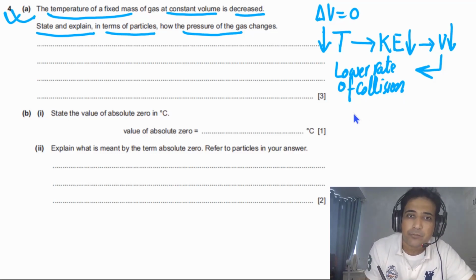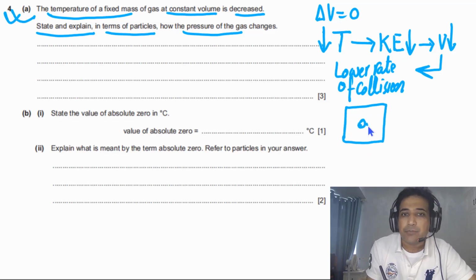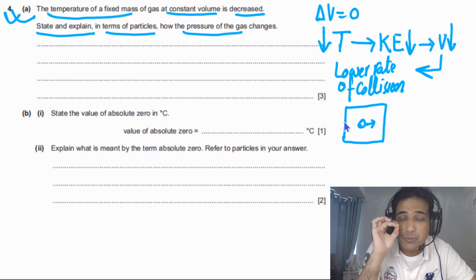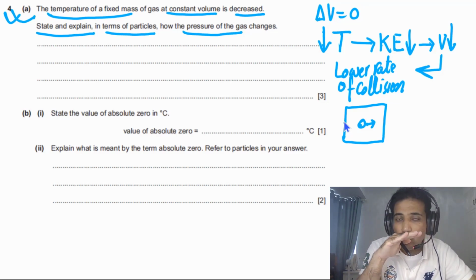Let me explain this with one simple example. Imagine that we have this container and one particle is at the center. This particle will move this side, it will collide with this wall, then it will go back and collide with the second wall. But now if the speed of this particle has decreased, this particle will take longer time to hit one wall than to hit the second wall.